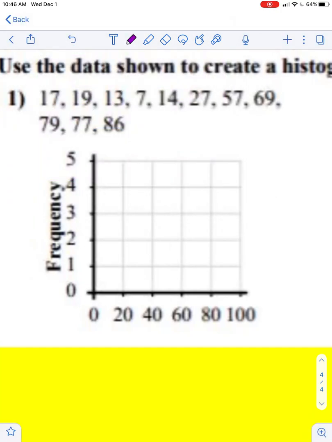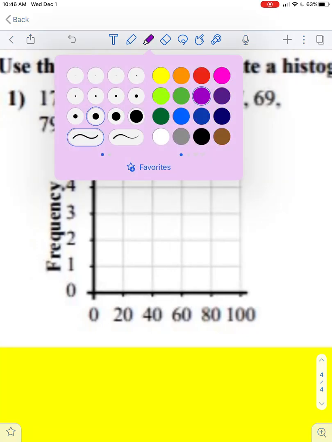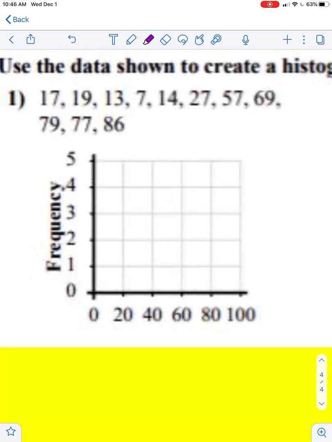So the first thing we want to do is look at the ranges. The first one we have is 0 to 20. So I'm going to go up here and highlight every single number that's between 0 and 20. So I've got 17, 19, 13, 7, 14, and that's it. They're not exactly in chronological order, but they're arranged in an easy order to follow.